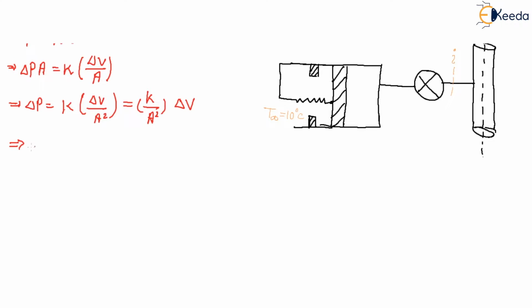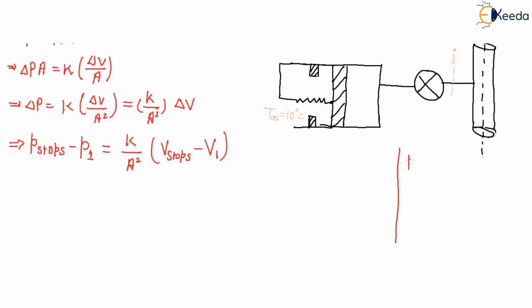P stop, the final pressure, minus the initial pressure P1, is equal to K by A square into V stop minus V1.